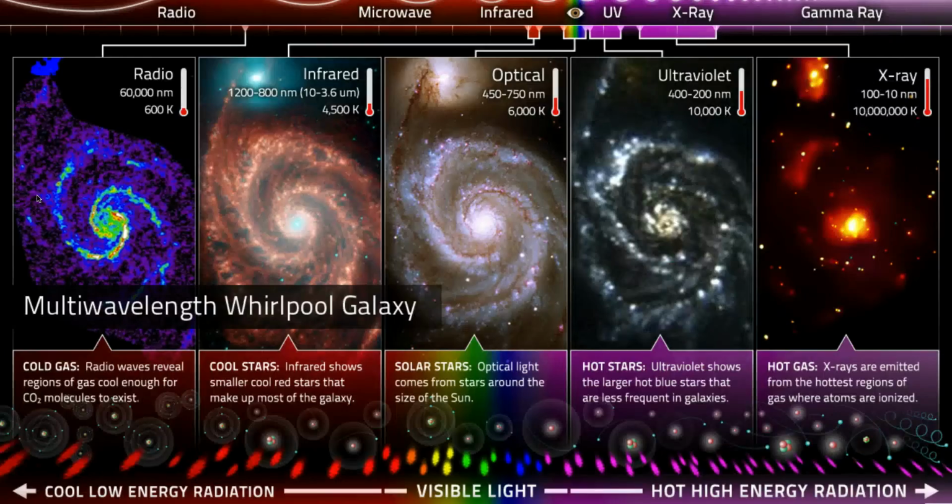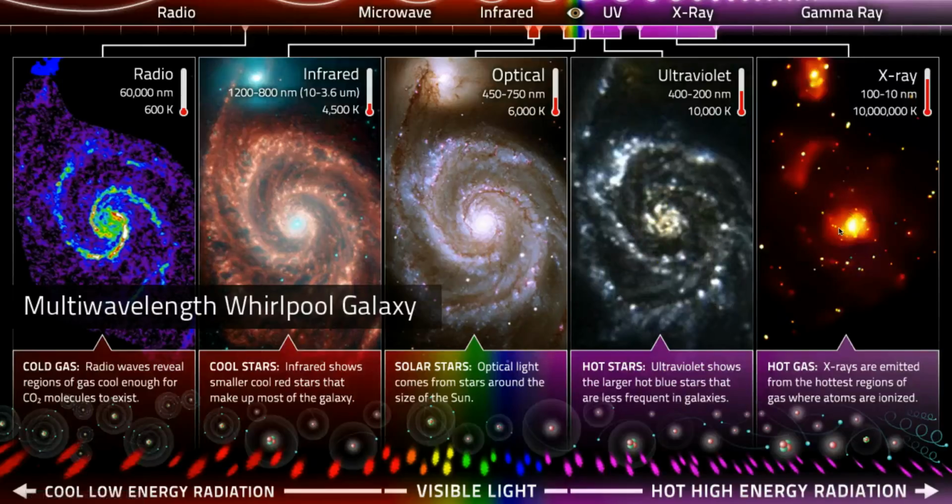We can also use the spectrum to study parts of the universe. For example, this Whirlpool galaxy is being seen through a telescope with a radio wave filter versus an infrared wave filter versus an optical filter, which just lets us see the colors in the visible spectrum, and then the ultraviolet filter and an X-ray filter.